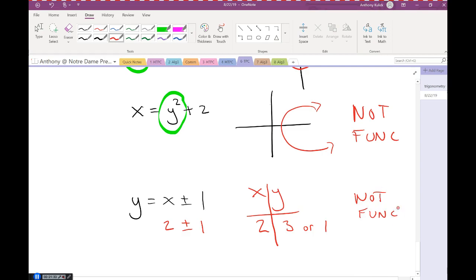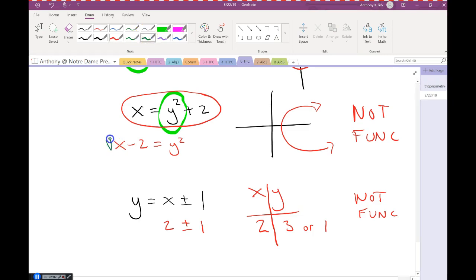So if you're unsure, one of the things you can do is if you get the y by itself, you can try picking x's and plugging them in and seeing if you get multiple y values. If we go back to this problem from before, say I try to get the y by itself by subtracting that 2 over. And then to get rid of the squared on our y, what would we need to do?